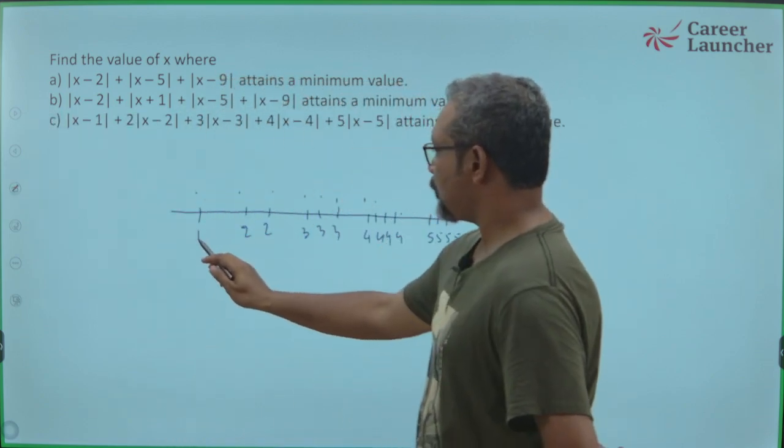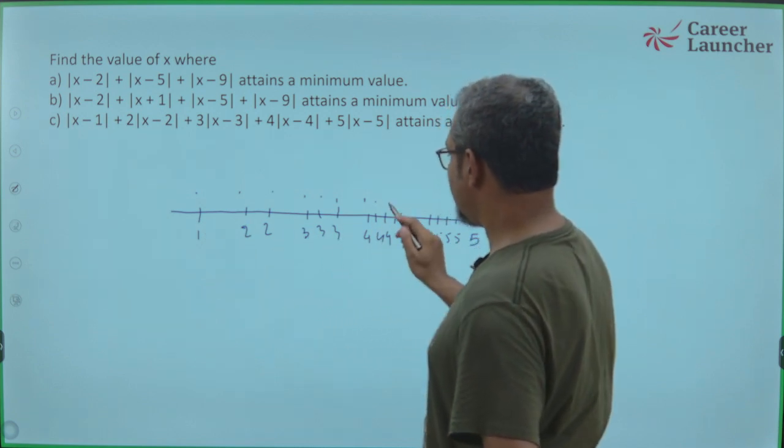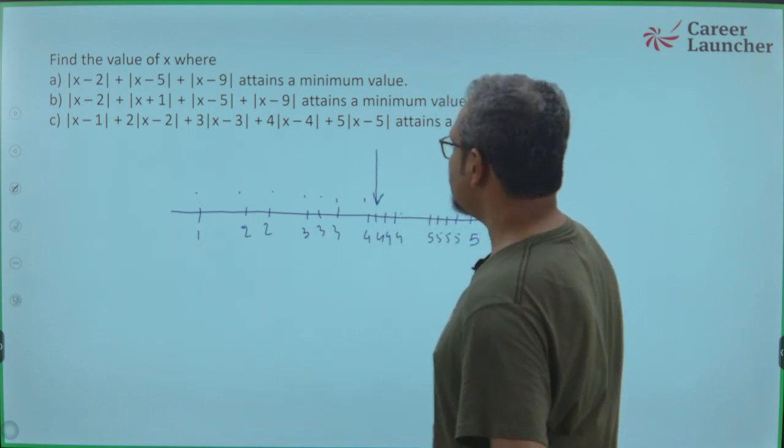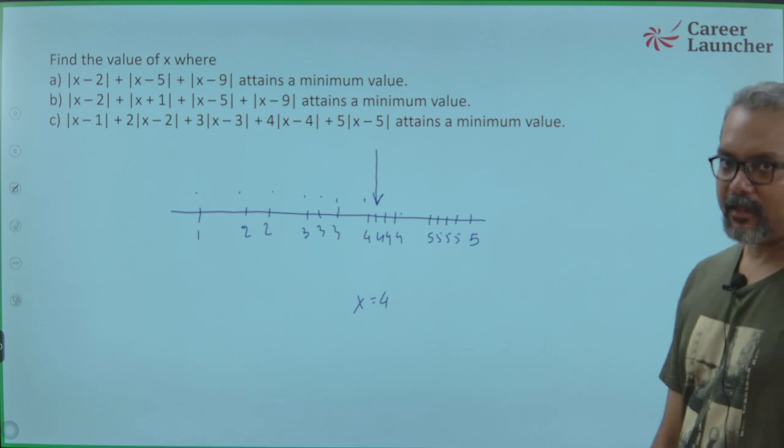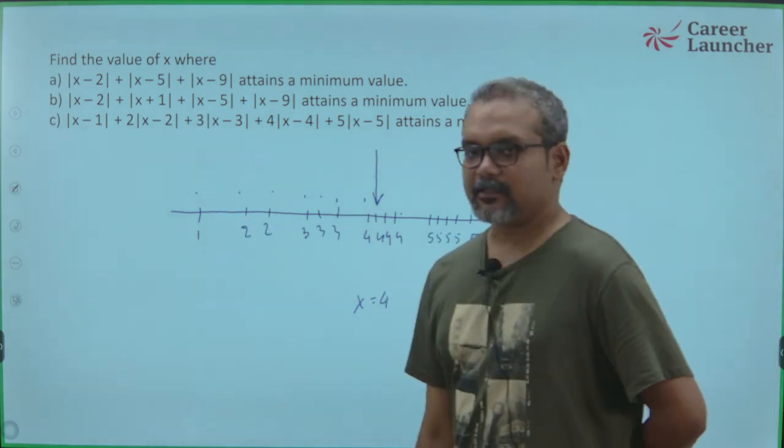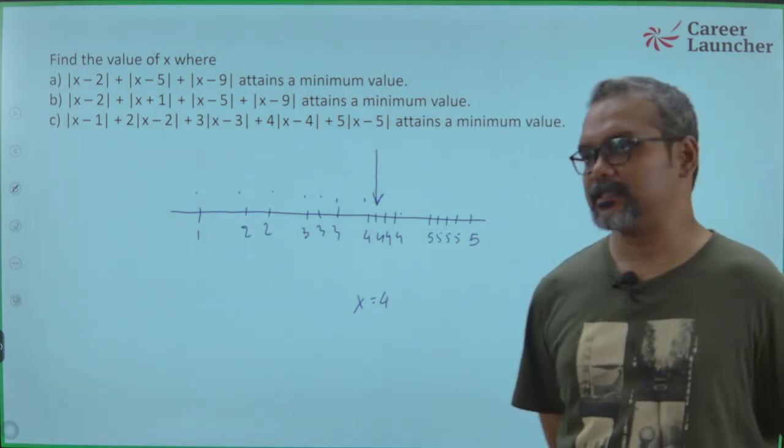Counting again 1, 2, 3, 4, 5, 6, 7, 8. So this value. So at x equal to 4, we will attain the minimum for y. And just plug in x as 4 here, you will get the corresponding y value as well. So this is the approach for doing this.